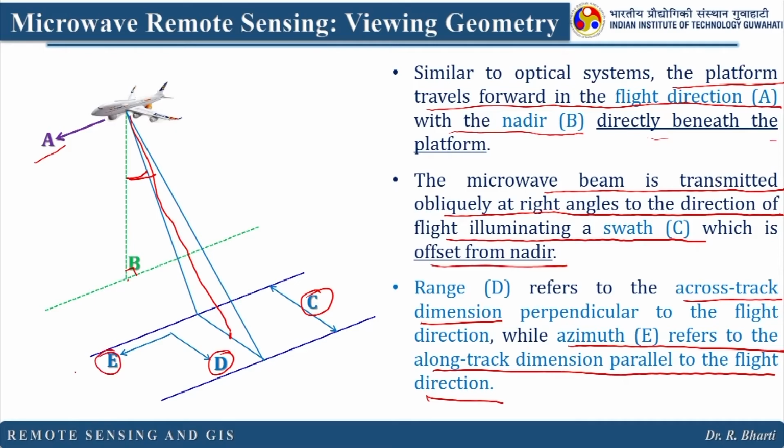So this is E. So D and E. I think the nomenclature is clear to you. The direction is A, nadir is B, swath is C, range is D, and azimuth is E, and this is basically 90 degrees.